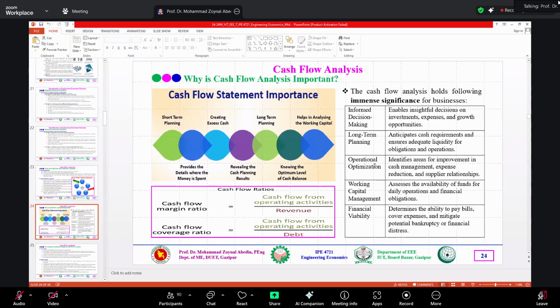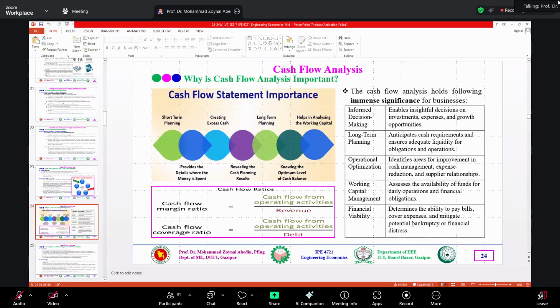Operational optimization, it identifies areas for improvement in cash management, expense reductions, and supplier relationships. Working capital management assesses the availability of funds for daily operations and financial obligations.